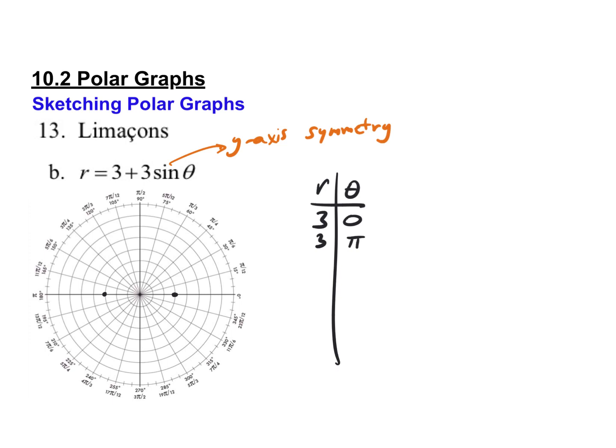Okay, we talked about the biggest possible value and the smallest possible value. So what is the value of sine when r equals 6? In other words, when does sine equal 1? Pi over 2.